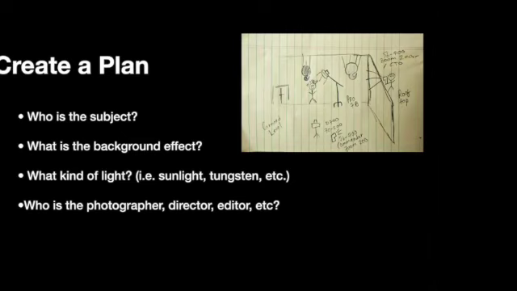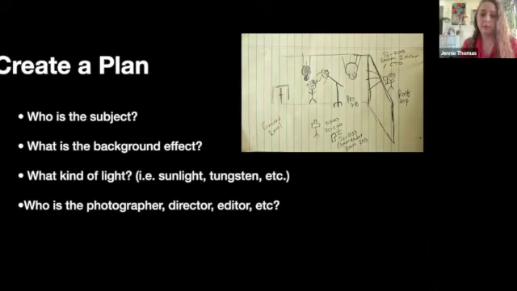When you're creating a green screen effect, if you want it to be realistic, you want to try to match the light in your background with the light on the person that is going to be in the foreground. So if you're going to have them on a beach in the background, but you're shooting inside of a building, you want to try to have very, very bright light to match that beach background effect.